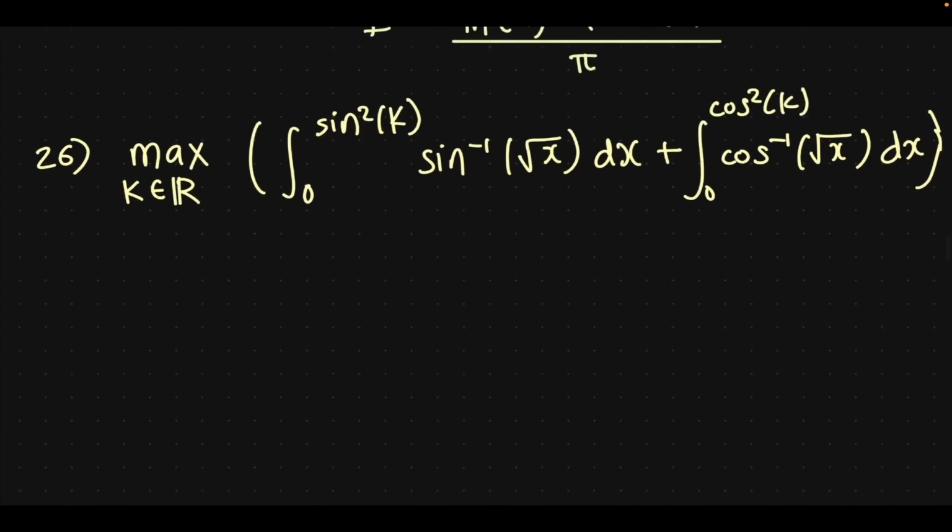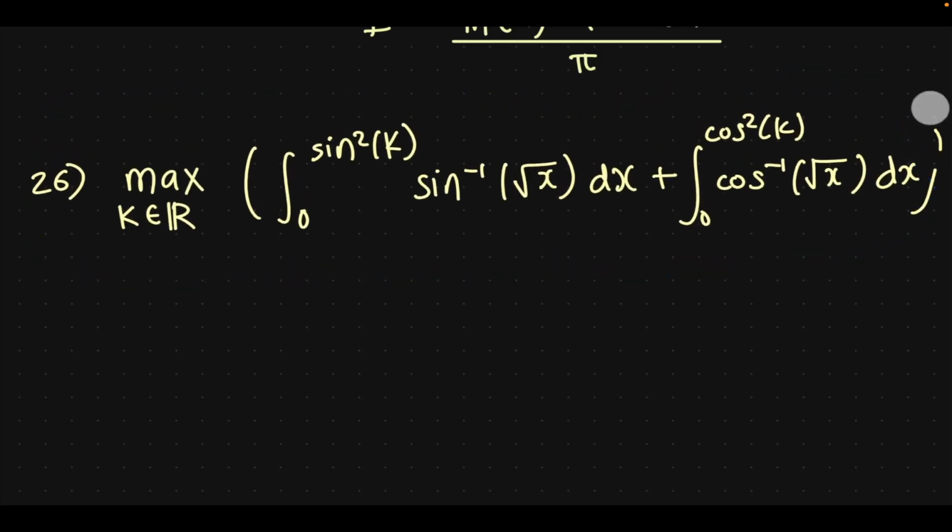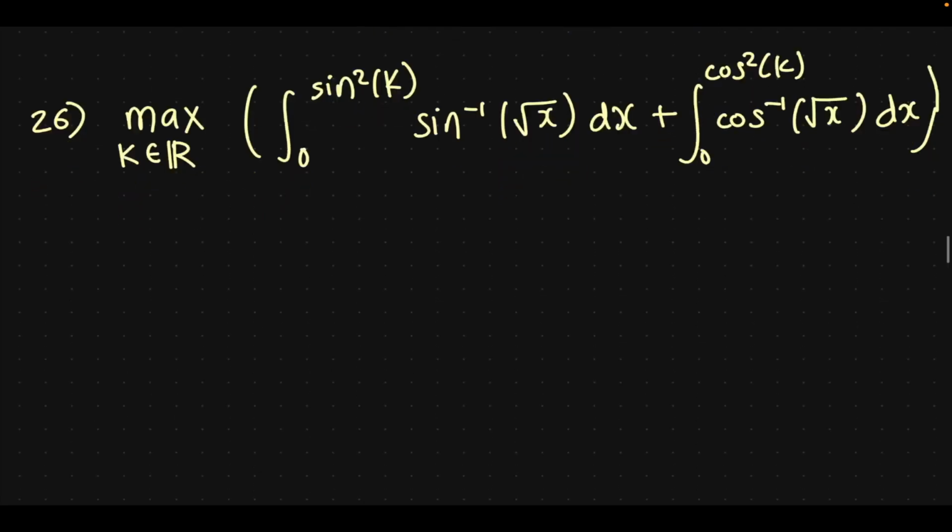Fair enough. Maybe we want to move this down a little bit. Okay, and to solve this, let's define f of k to be whatever we had on top there.